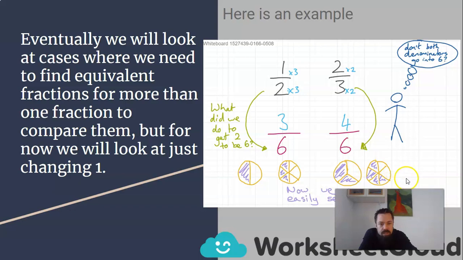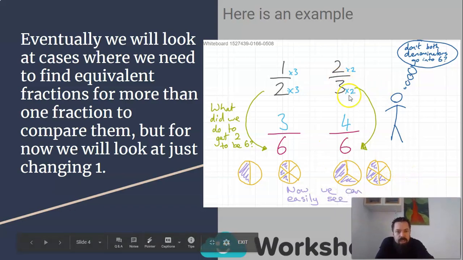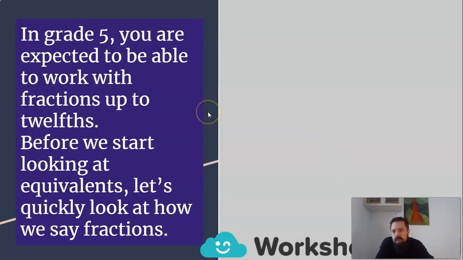Right, and on this side, you can see that I drew it again. So we had 2/3, which I drew, and then I made that into 6. And you can see it's showing the same amount of a fraction, just done differently. But once we've converted both of them to 6ths, we can see that they're very clearly that this one is the bigger of the two, which is what our pictures showed.